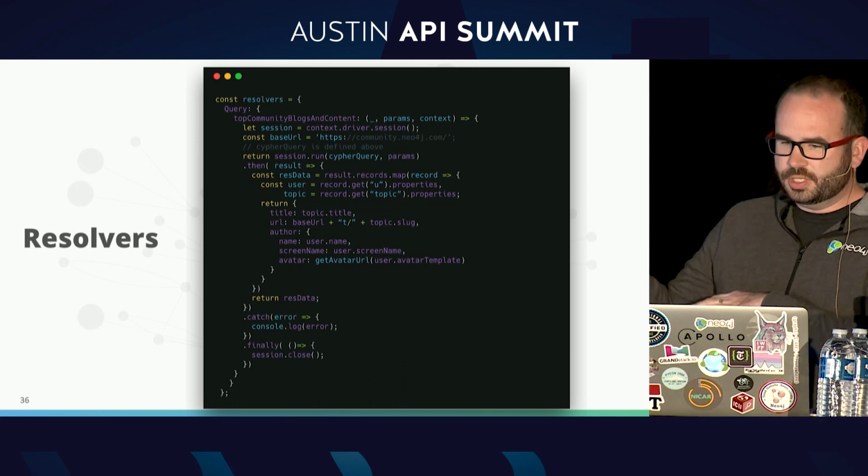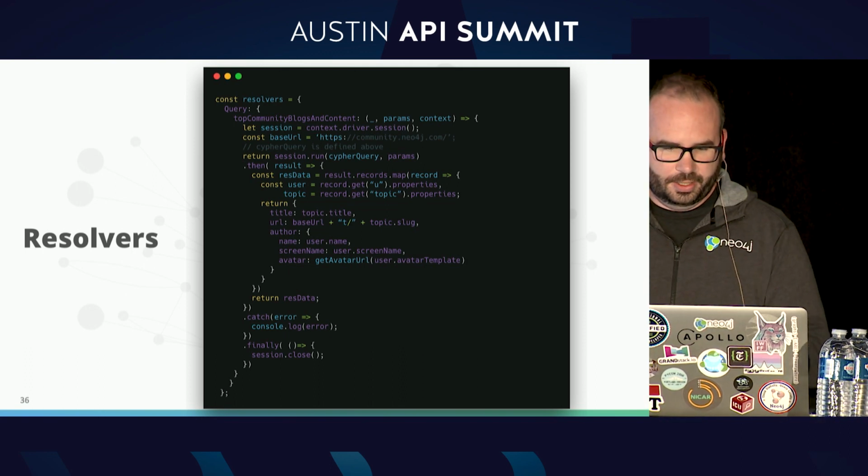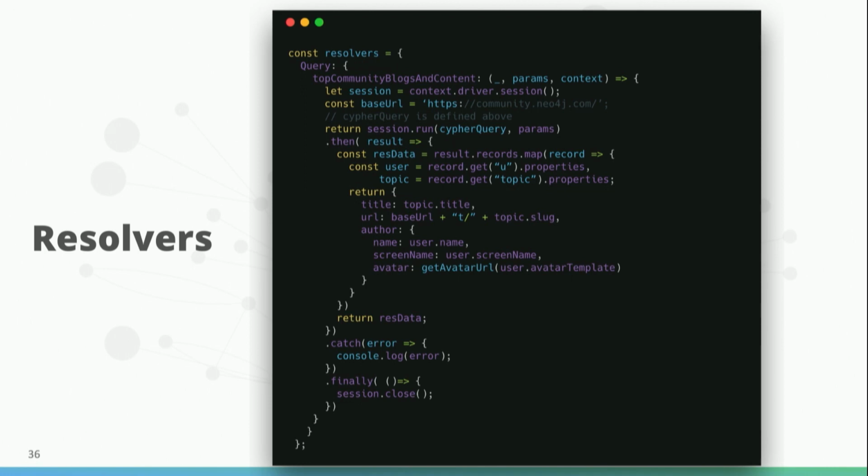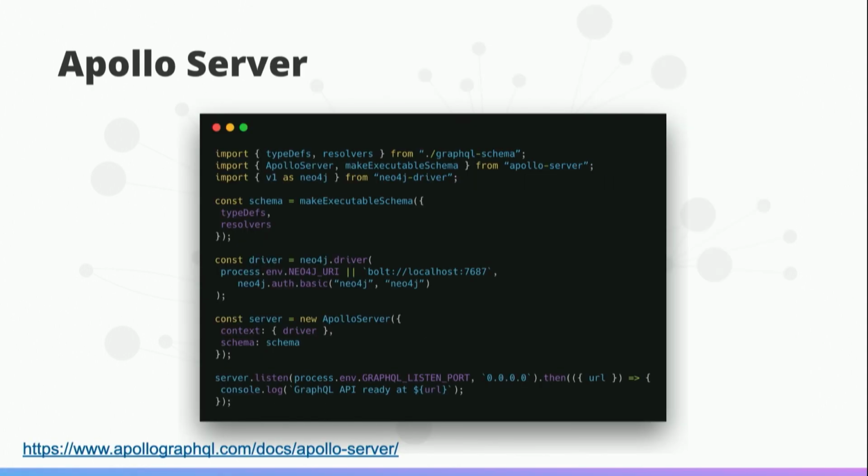It's not too important what's going on there in the details. Just know that we're querying a database and we're massaging the results as they come back, handling an error if it occurs. But basically, this is what is fetching the data for finding the top blogs for the activity feed. Okay, so that's our schema and resolver for our GraphQL API.